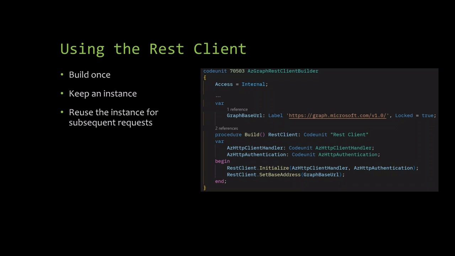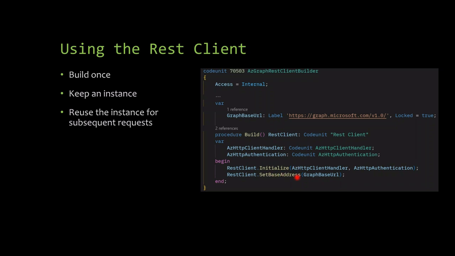Behind the scenes, the Business Central server is actually doing something similar. So this code snippet you see here is a client builder that I use to initialize the REST client with the client handler, the one that takes over the actual send and makes sure the telemetry goes to my app, and the authentication for Azure Graph in this case.